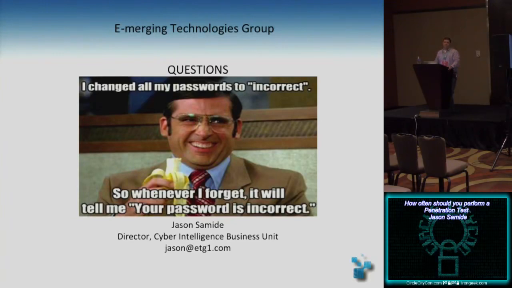But I would say at least one full black box annually. And then your applications, that's totally separate. I think that's more web app, but I still think that's another huge vector as well.